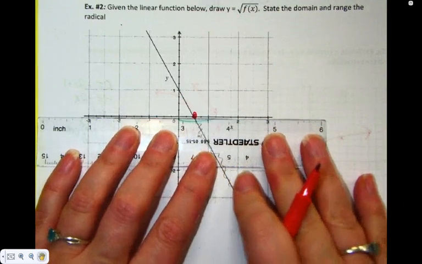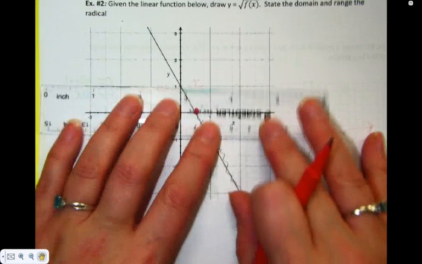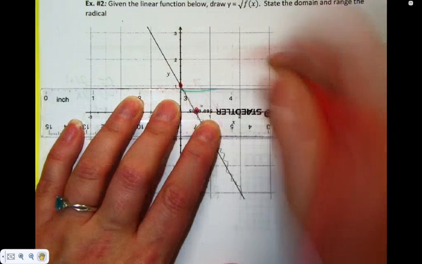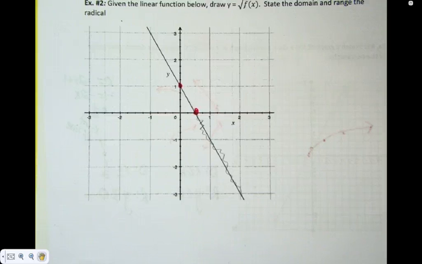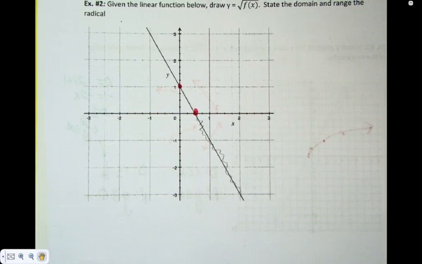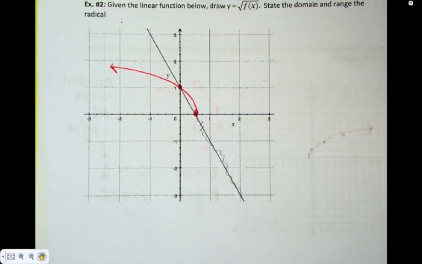And again, you don't need to use your ruler. It just helps me visually figure out what's happening. Then I go up to 1. Wherever the graph is, I put a dot. Then you just need to decide swoop to the left or swoop to the right. Swoop to the left, go through those 2 points, done. There's a radical graph.